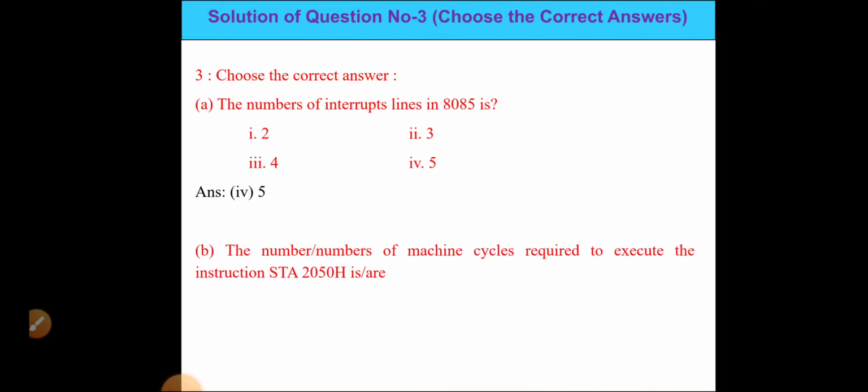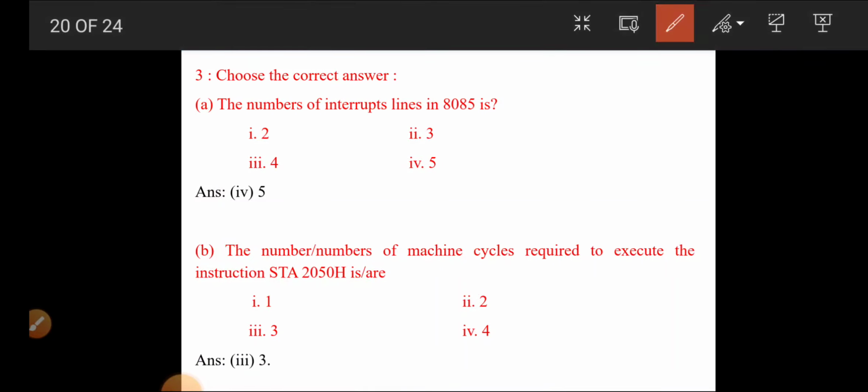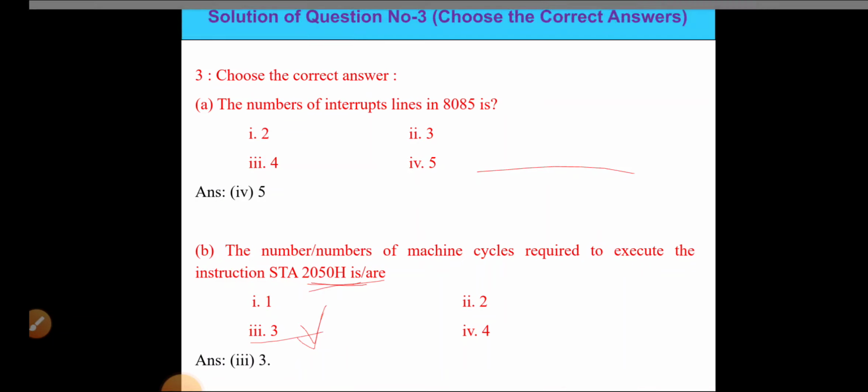The number of machine cycles required to execute the instruction STA 2050 is generally 3, because this question came in our previous years' papers, including 2022 and 2021. So don't forget to write the answer as 3. A minimum of 3 machine cycles is required to execute this instruction.